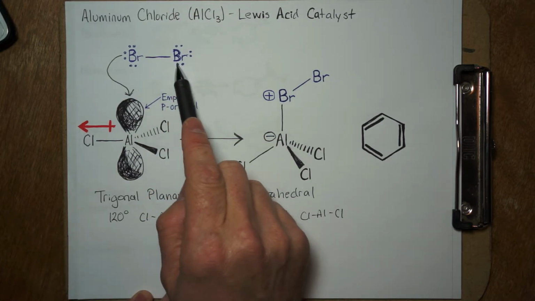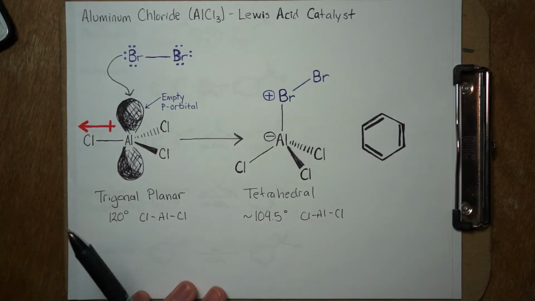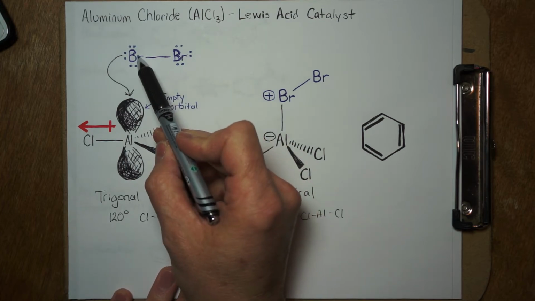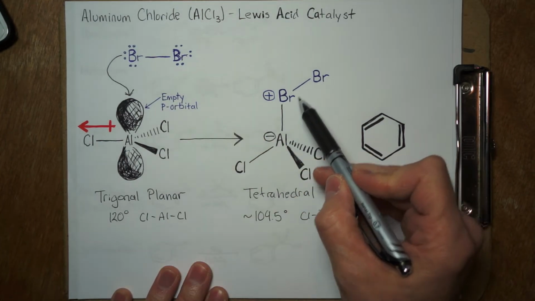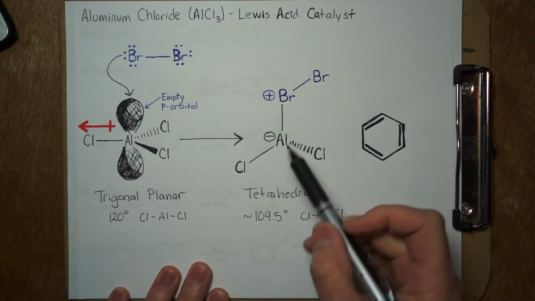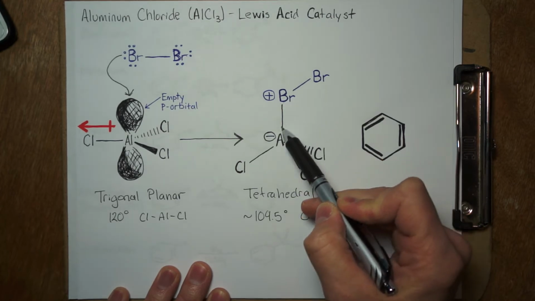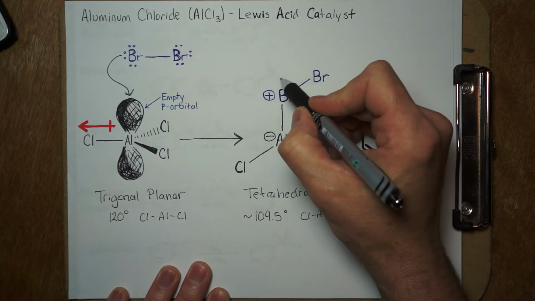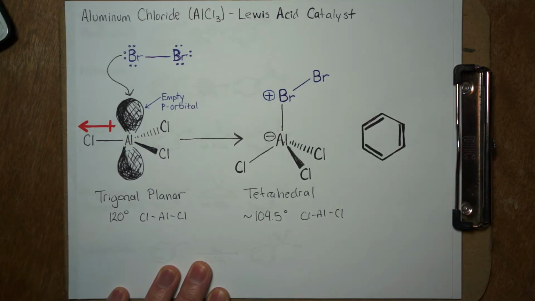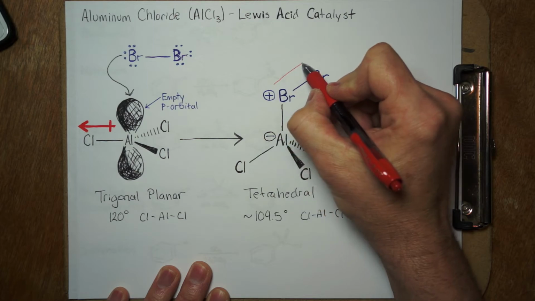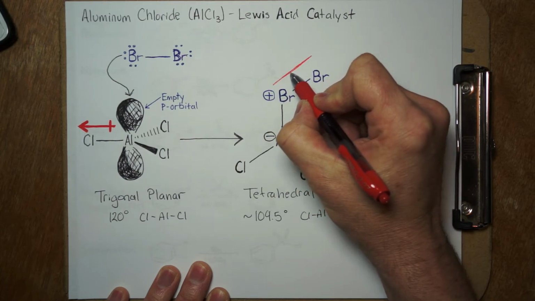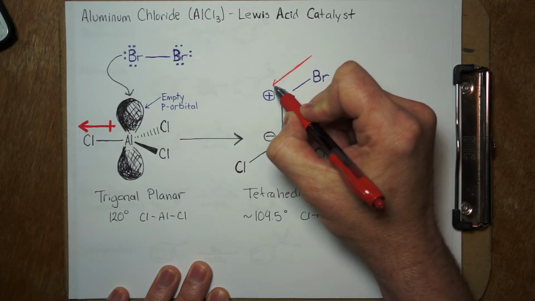Both of these bromines share electron density in the same way because they're the same atom and have the same electronegativity. Once this bromine attaches to aluminum, now these bromines are not sharing electrons in the same way. This bromine had given away a pair of electrons to the aluminum, so it wants electrons back, and it's pulling on both of those bonds to get electrons back. So we can say that this bond is heavily polarized towards the bromine atom that has a positive formal charge.